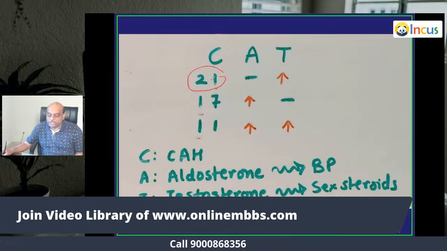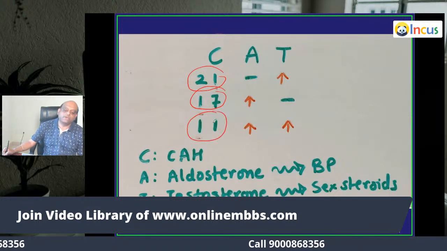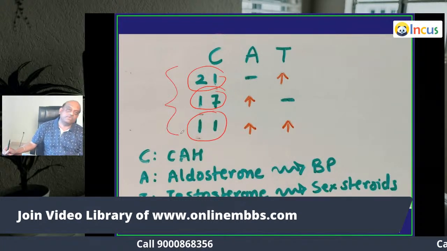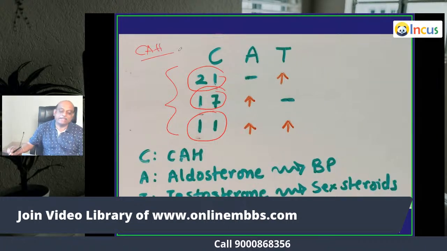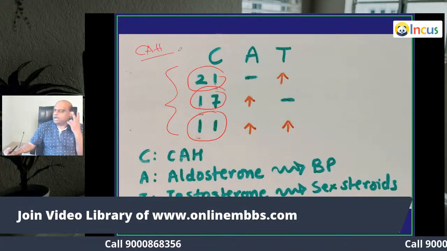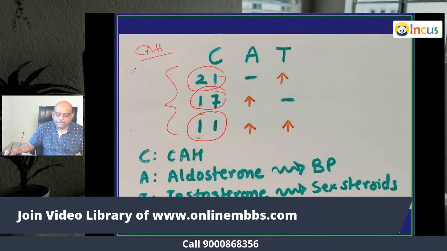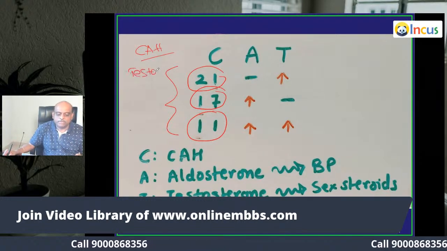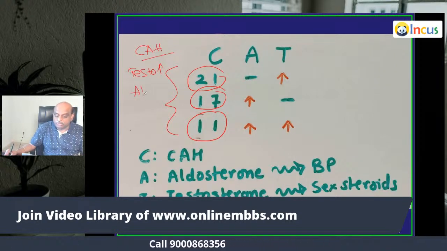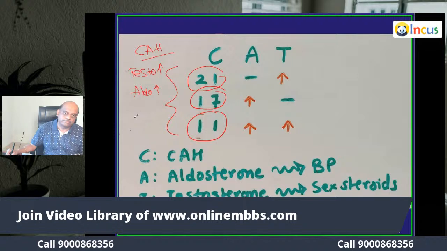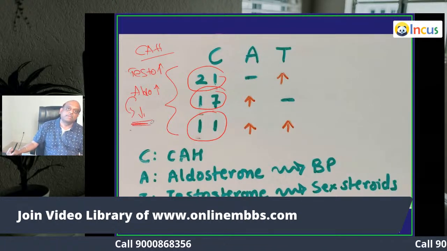21 alpha hydroxylase, 17 alpha hydroxylase, 11 beta hydroxylase. They are the three enzymes which lead to development of congenital adrenal hyperplasia. There are two possibilities. Typically, either testosterone is elevated or aldosterone is elevated or aldosterone is decreased.